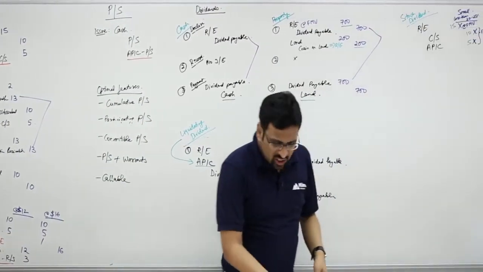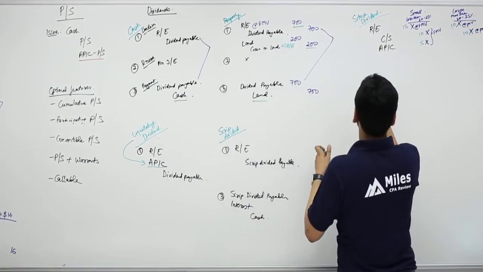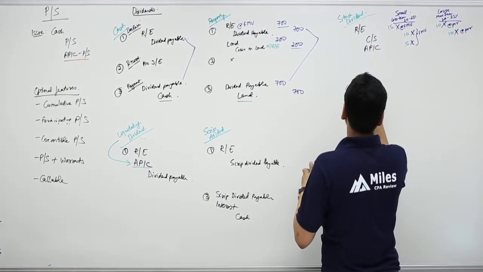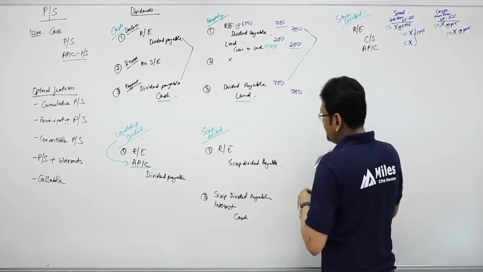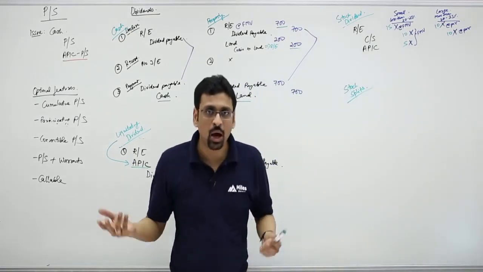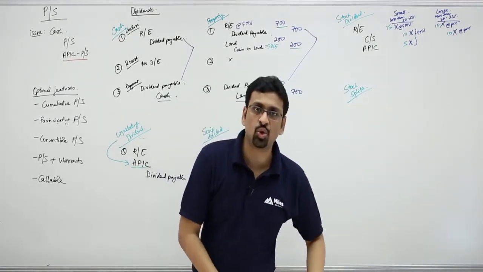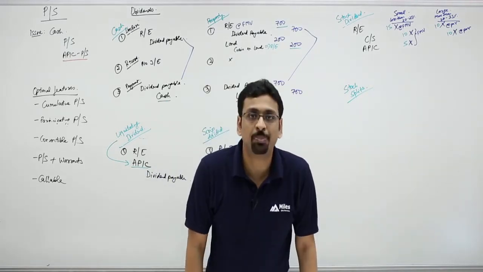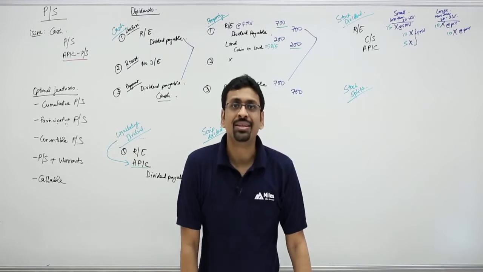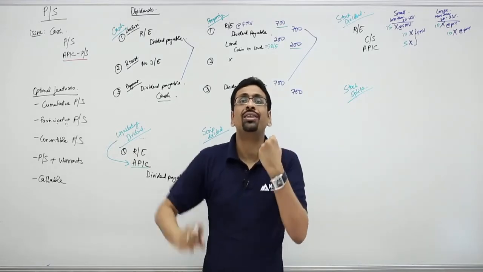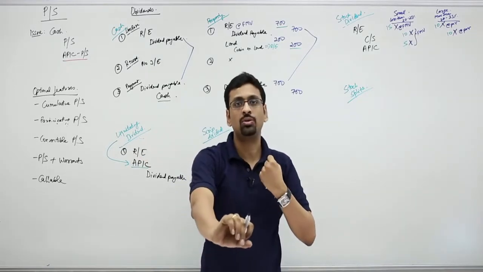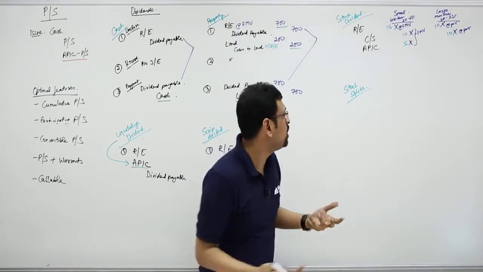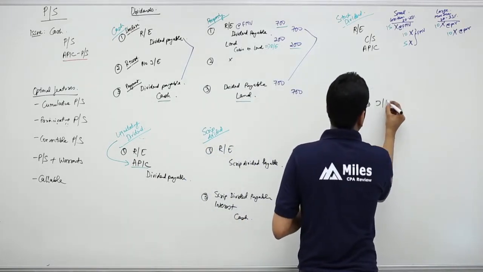Now, we've talked about stock dividends. Let's also talk about stock splits. Let's say the company has 7,000 common stock issued and outstanding, and they call for a 2-for-1 stock split. What they would do is they take back those 7,000 stocks and issue 14,000 stocks. Now this calls for no journal entry.